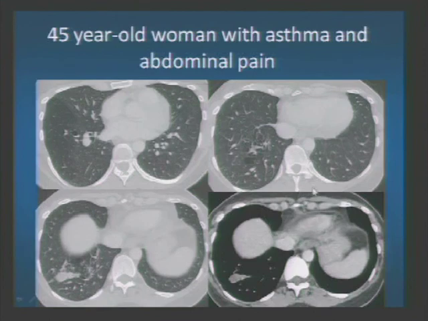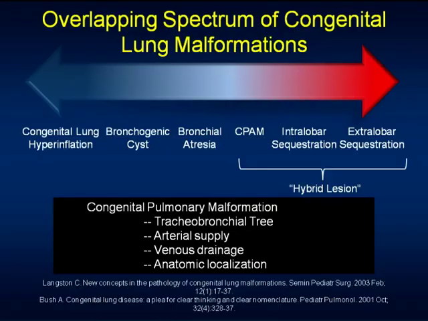The last case I'll show you is a 45-year-old woman with asthma and abdominal pain. Demonstrates areas of hyperinflation, hyperlucency, mucoid impaction, as well as conglomeration of cysts. Features of both bronchial atresia and congenital pulmonary airway malformations. This is another lesion that just demonstrates the fact that there's a lot of overlap, both radiographically and histologically, particularly between bronchial atresia and sequestrations and congenital pulmonary airway malformations.